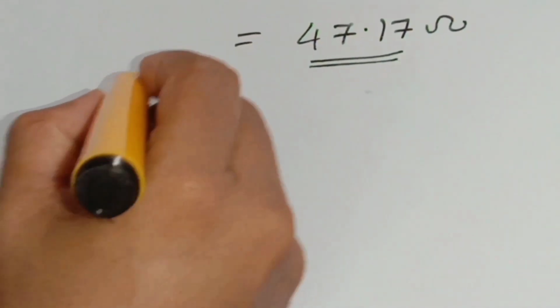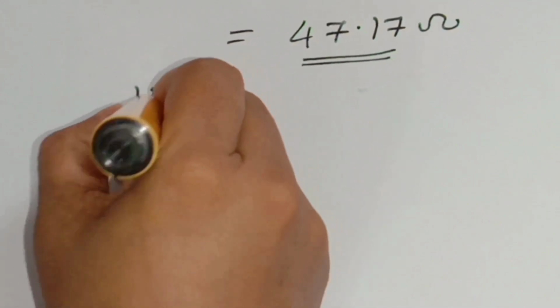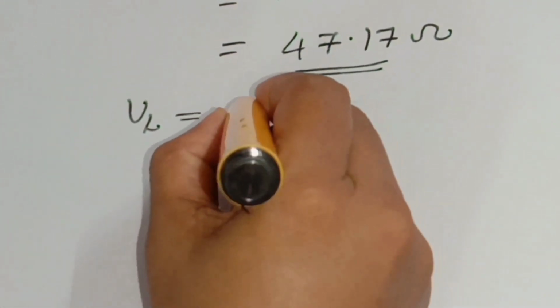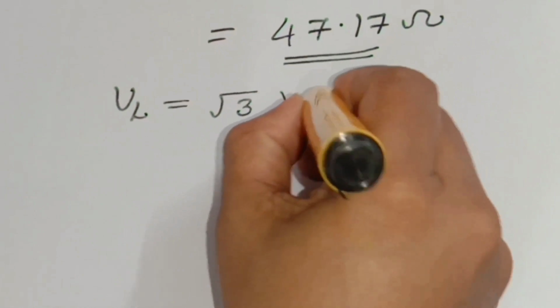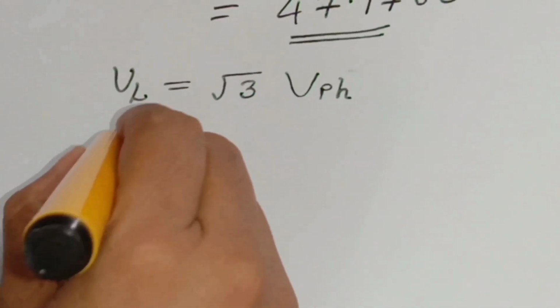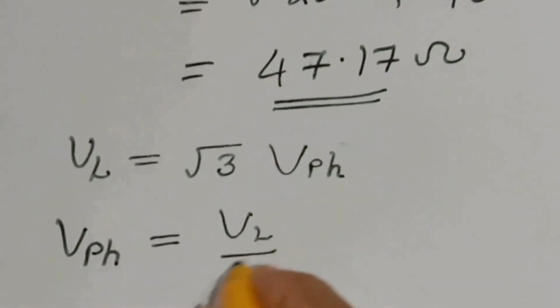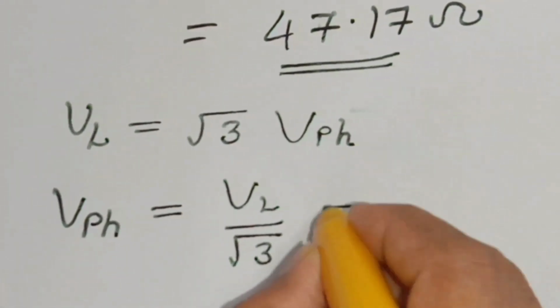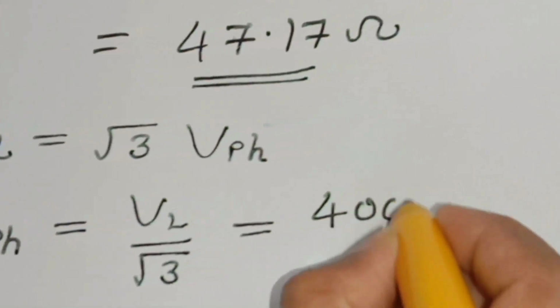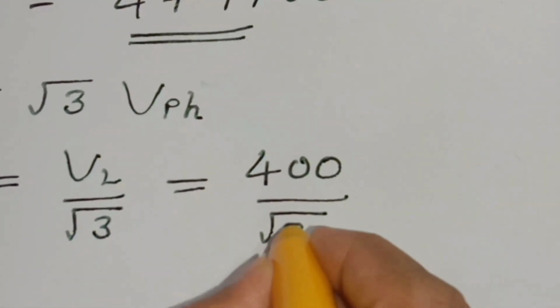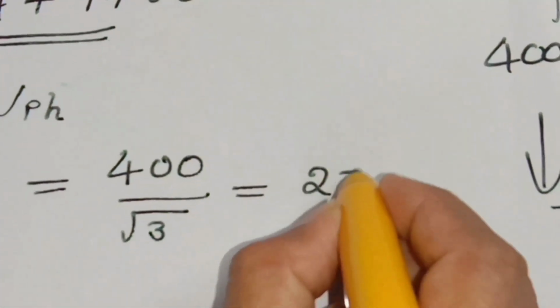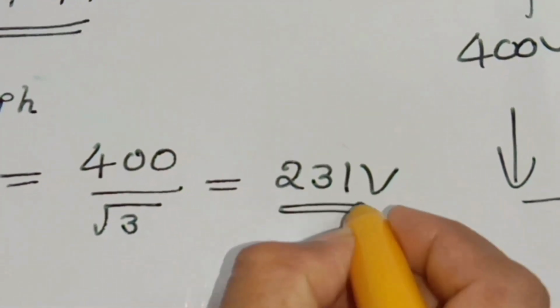For star connected system, the relation between line and phase voltage is VL is equal to root 3 VPH. So the phase voltage is equal to line voltage divided by root 3. You substitute VL, which is given 400, divided by root 3, which is equal to 231 volt.